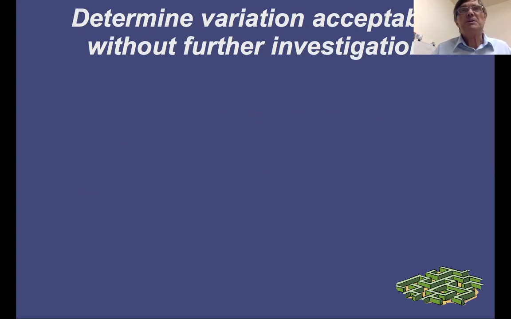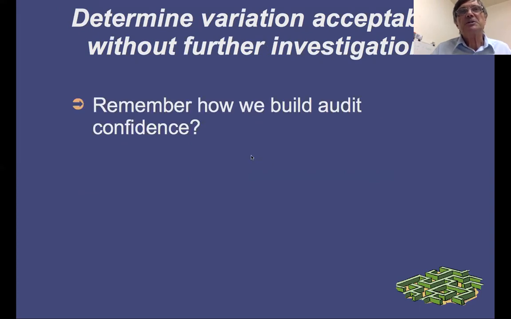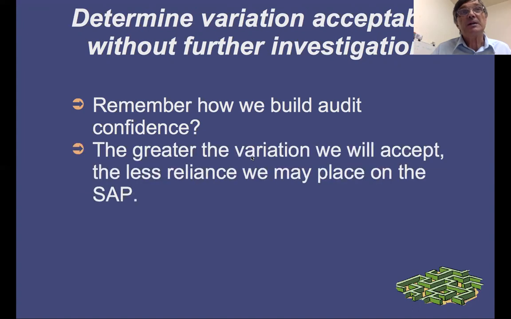So, determine the variation acceptable without further investigation. So this is saying, how far away from our estimate are we going to accept? Well, remember how we built audit confidence.